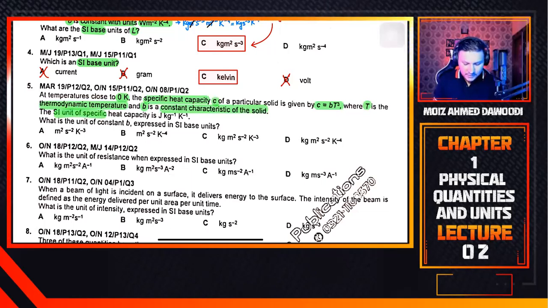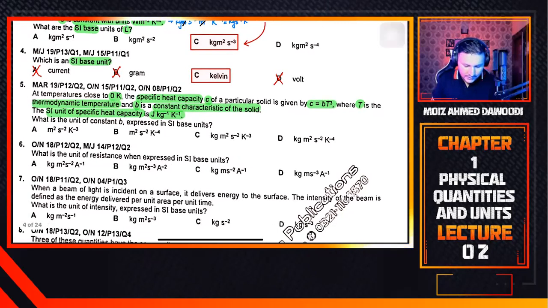The SI unit of specific heat capacity is this. What is the unit of constant B expressed in SI base units? He is asking what is the SI base unit of B. You have to tell us the SI base units of B. Let's see what the SI base units of B will be.